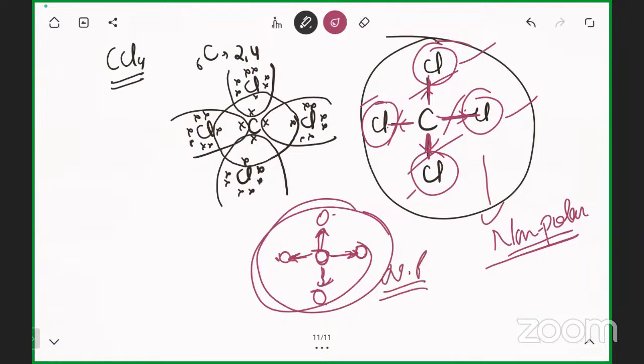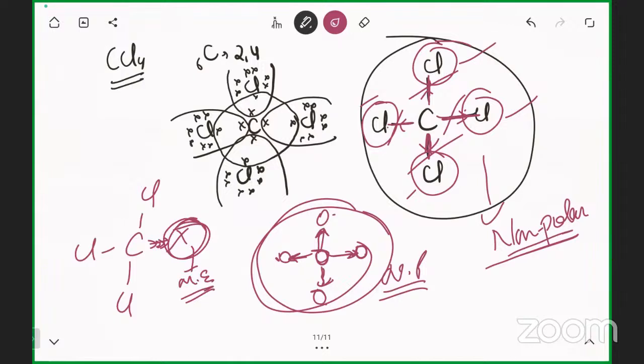But if the condition is that there is a more electronegative element X instead of Cl, then there's a possibility of a shifting of electrons towards this X, just because it is more electronegative.